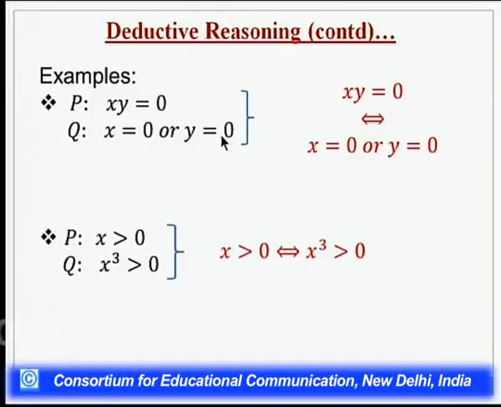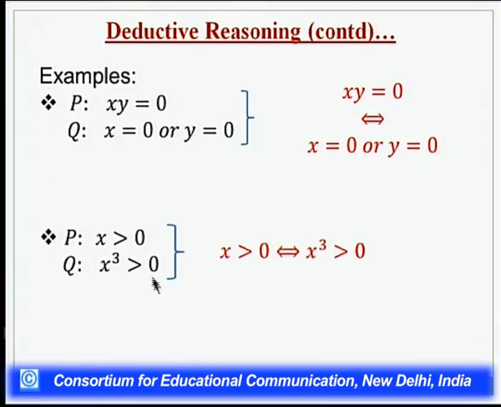So let's suppose my proposition P is xy equal to 0, if you look at this slide, and proposition Q is x is equal to 0 or y is equal to 0 or both, which is inherent in this statement. Then these two propositions, as I explained a little while ago, are equivalent.